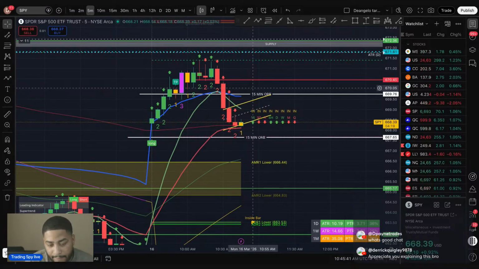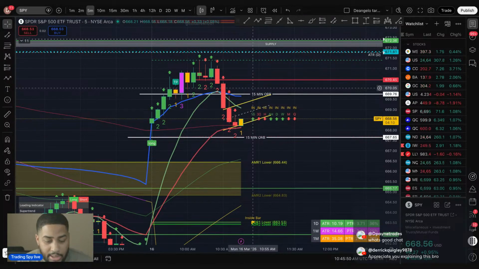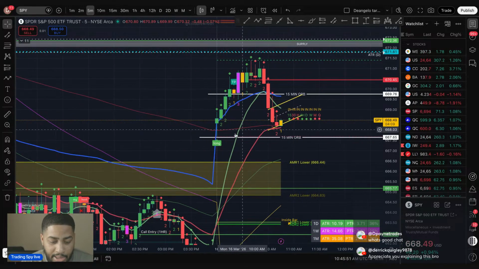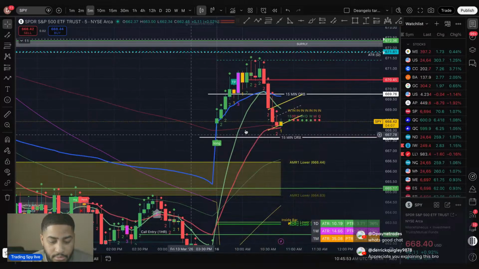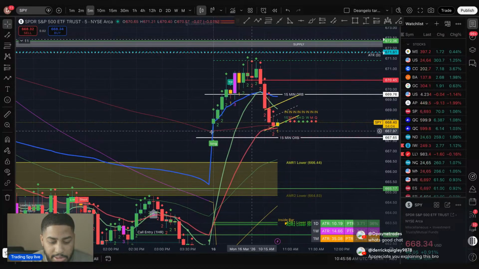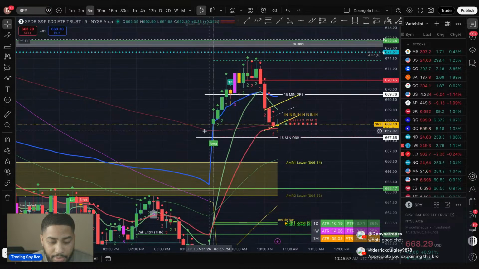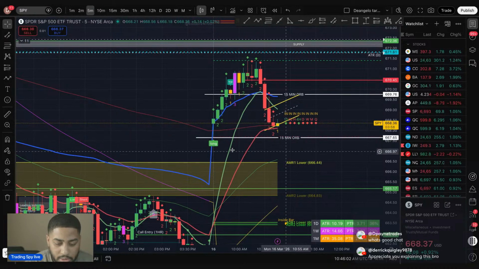But yeah, I want to kind of wait because I really want to see the market get underneath the 20 EMA, this thicker EMA line right here. I want to see it get underneath that for me to be confident with puts, like an actual candle close.